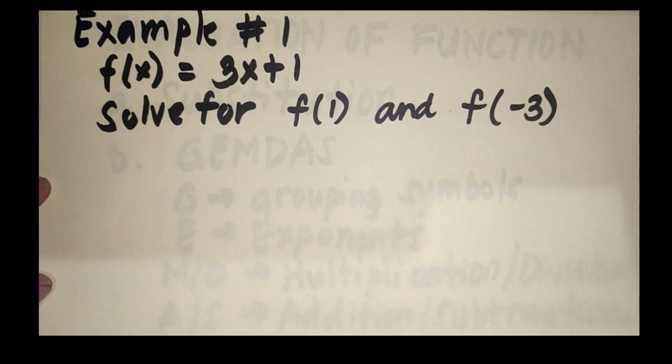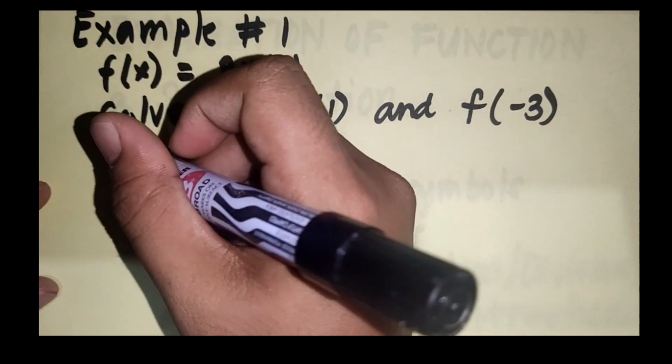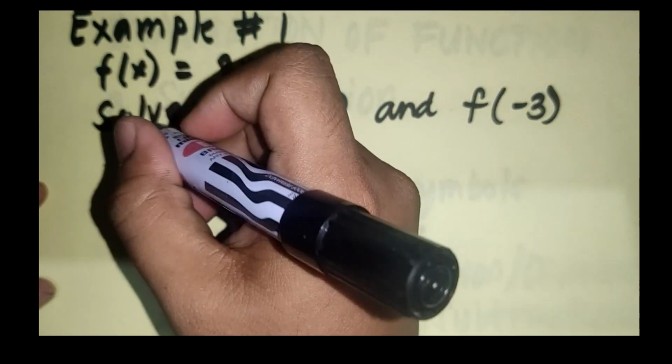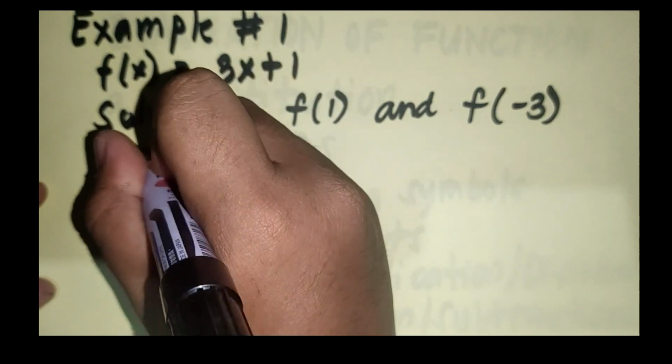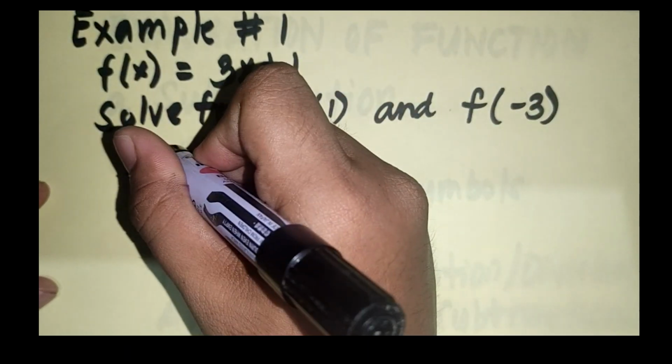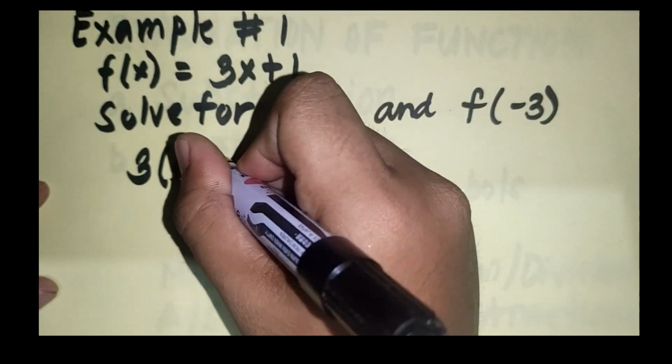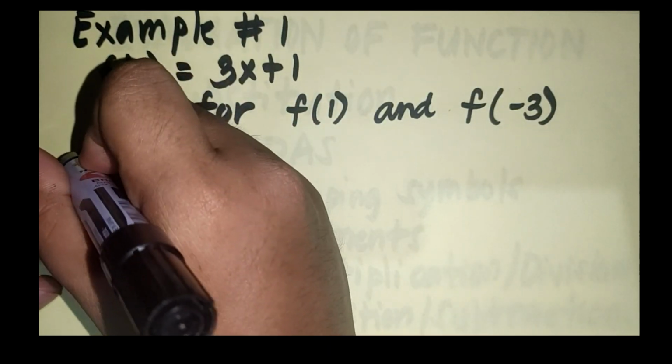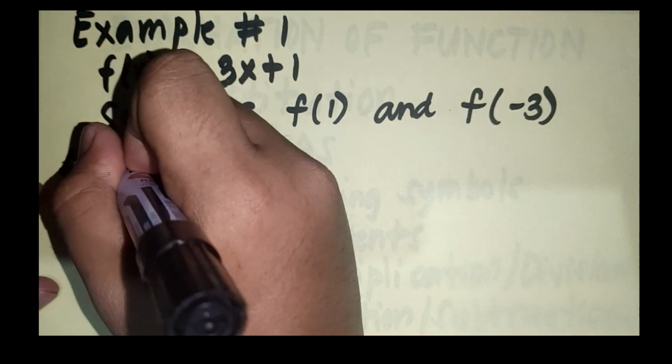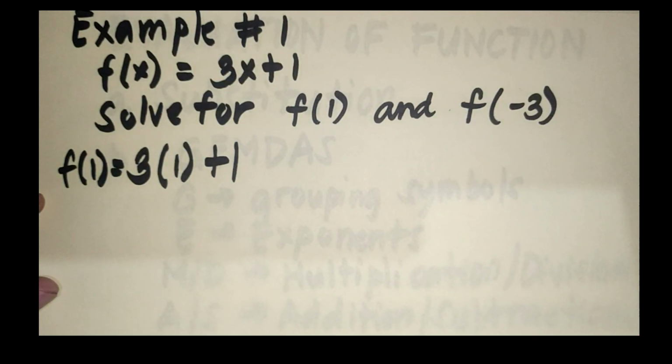To solve that, first you need to substitute 1 as the value of x. We have 3 times 1 plus 1, or f of 1. Okay, so f of 1 is equal to 3 times 1 plus 1.